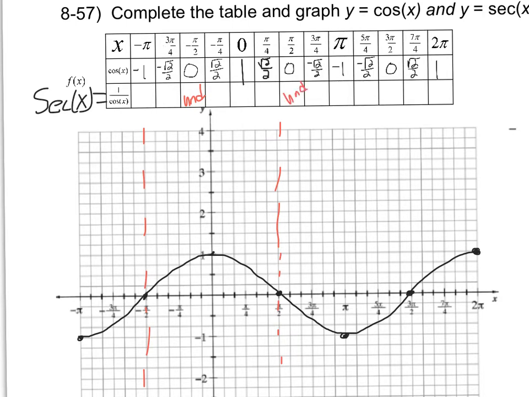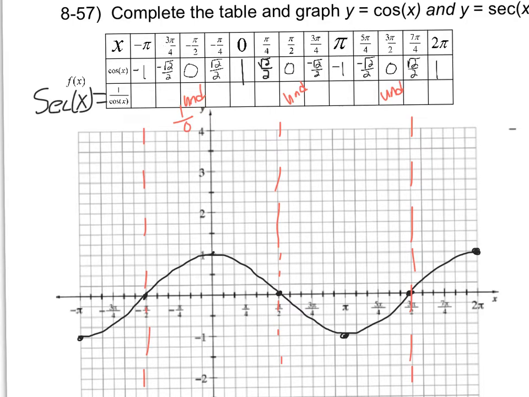So remember, 1 over 0 is undefined. And our last asymptote is going to be at 3 pi over 2. The idea of hills and buckets that we used with the sine function and cosecant function will also apply to the cosine and secant.